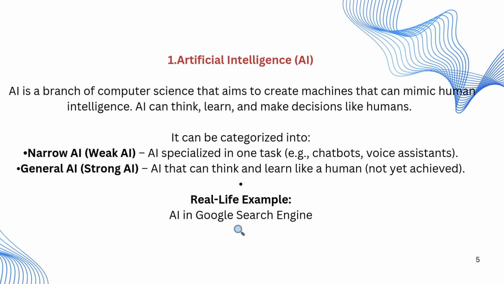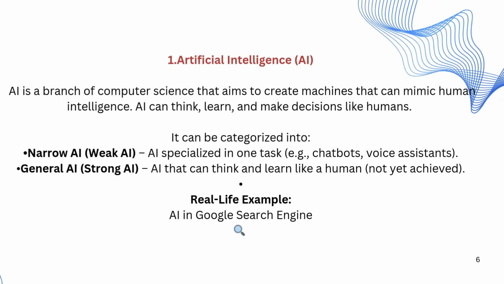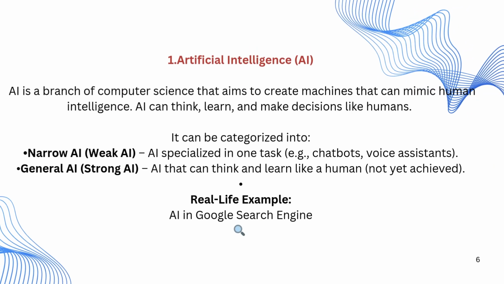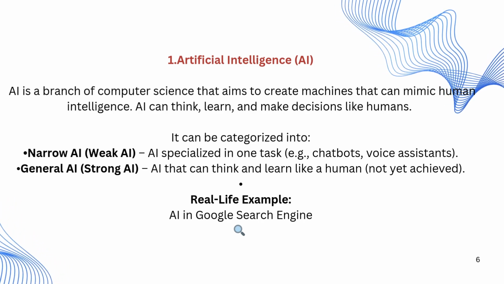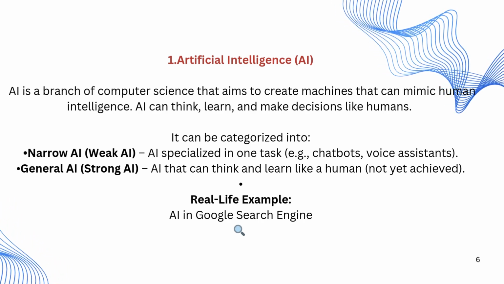Tasks like Siri or Google Assistant come under narrow AI, and general AI, which can think like a human, still has a lot of progress going on. The best example is the Google search engine. Google predicts your searches. It's an AI using natural language processing and machine learning to give you the best result.